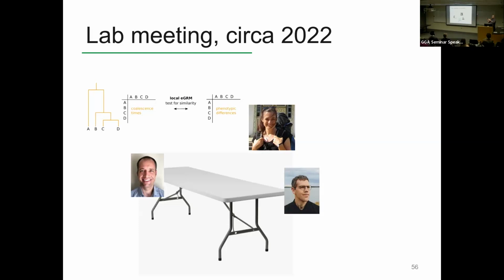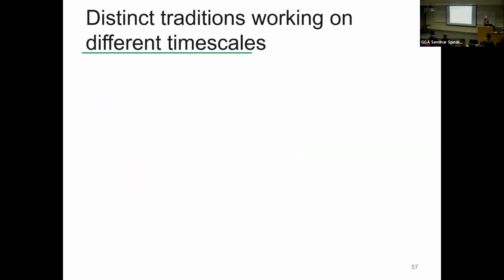But we felt like there were actually quite a lot of commonalities in the way we were coming to think about these problems. And what we came to is that, as many of us working in evolution know, there are these distinct traditions that work on different timescales and to a large extent don't really hang out with each other.